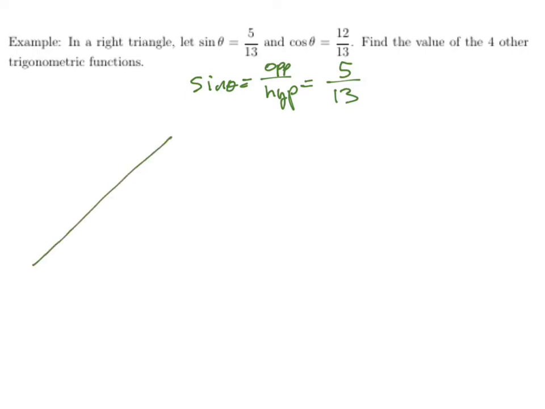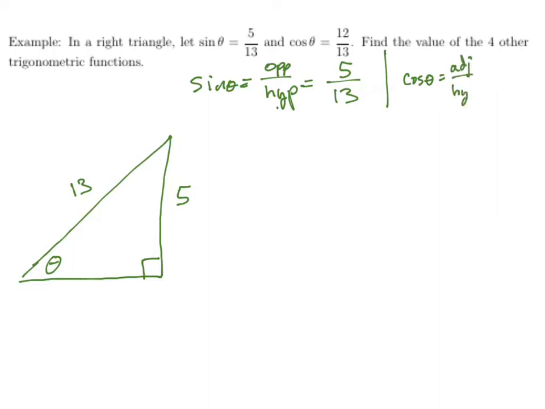So if we draw a right triangle here, and anytime we have one of these types of questions, it's probably a good idea to draw a triangle. We'll have angle theta down there, and sine of theta is opposite over hypotenuse, so the opposite is over here, and the hypotenuse is 13. Similarly, cosine theta is adjacent over hypotenuse.